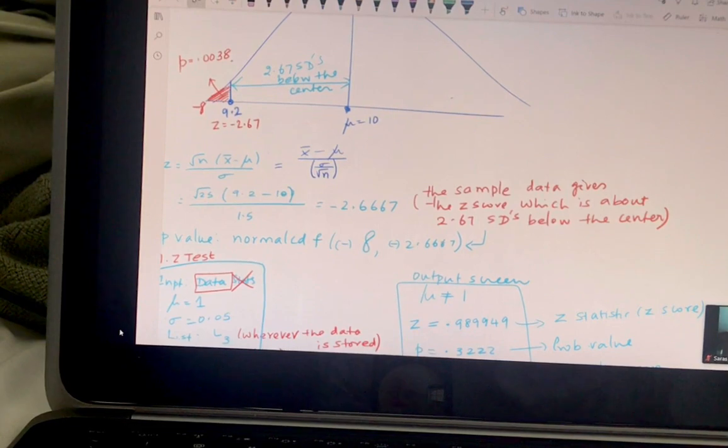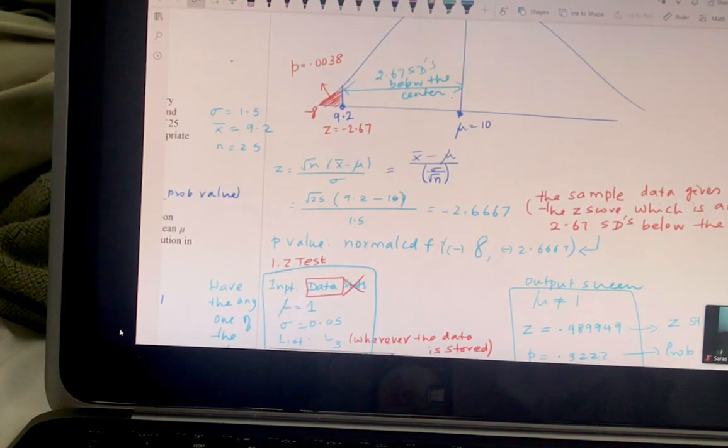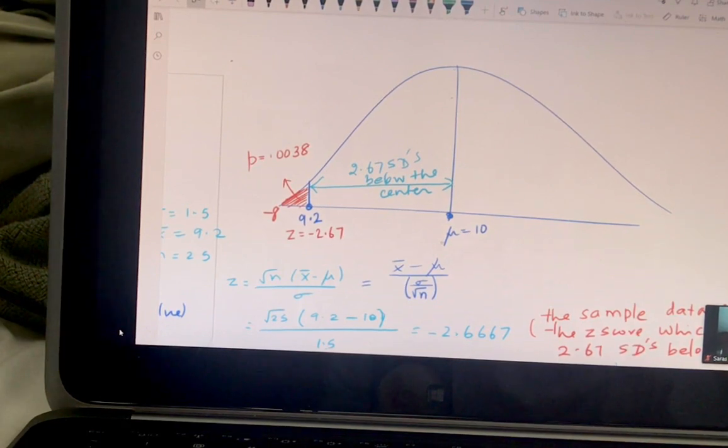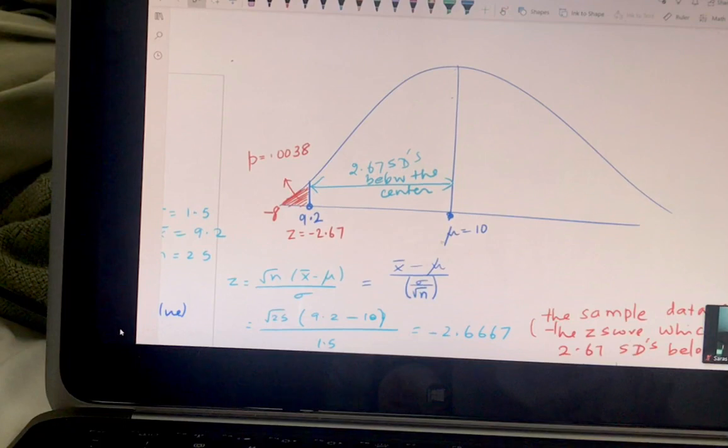That's what I have shown in my diagram. The sample data of 25 observations, or 25 capsules, gives you the mean of 9.2, and that numerical value is converted into my z-score, which is negative 2.67.